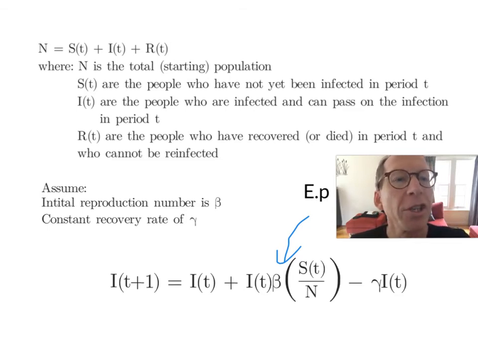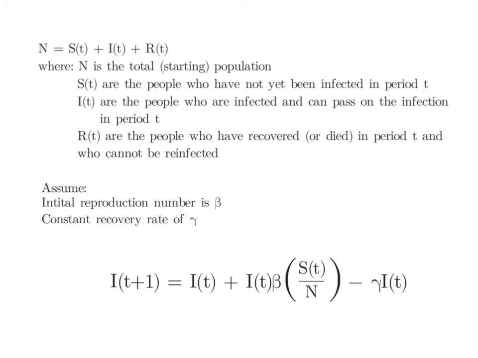Now, that's for each infectious person, so we then just have to multiply by the number of infectious people to get the number of people infected in the next period by those who are currently infectious. So the number of people who are going to be infected next period on average is the number of people who are infected this period, plus the number of people who are infected by the infected people this period, minus the number of infected people this period who recover.